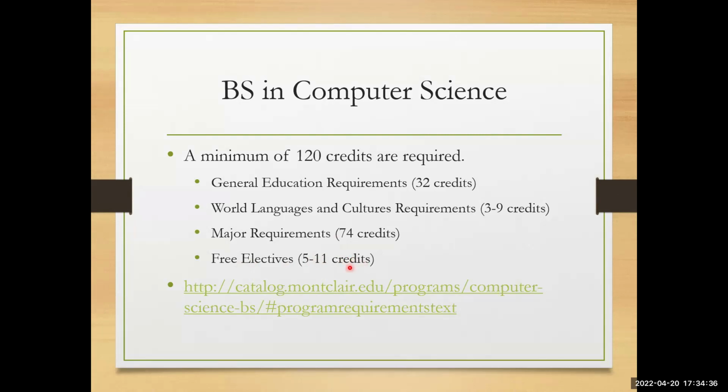Usually our students use these free elective credits on major courses, because really you need to learn a lot about this major, so you can continue to take major courses. This information is on our university website. You can always go check that.